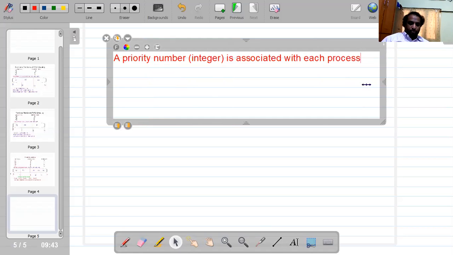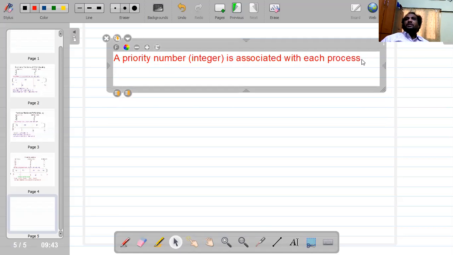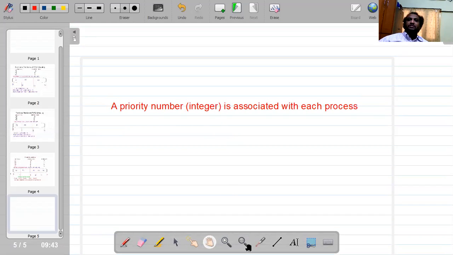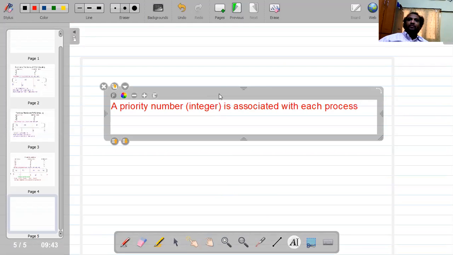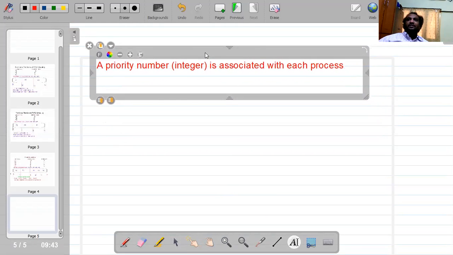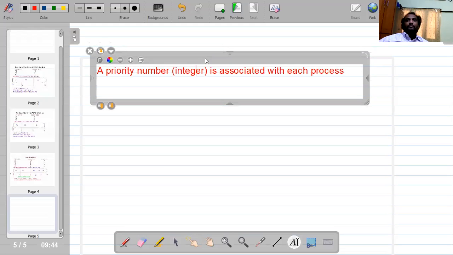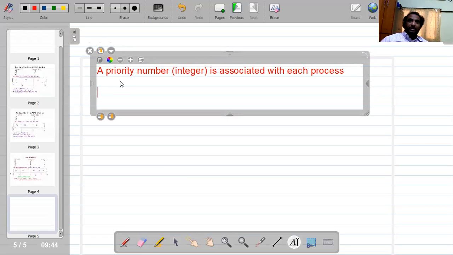That is the foremost thing. Without the process number, we cannot do the scheduling. It must have both the burst time as well as the priority number. If the priority number is not given, it cannot work under this.